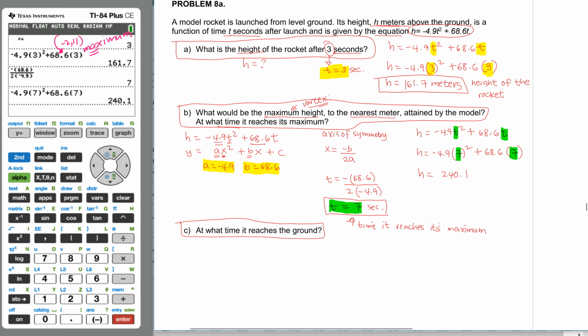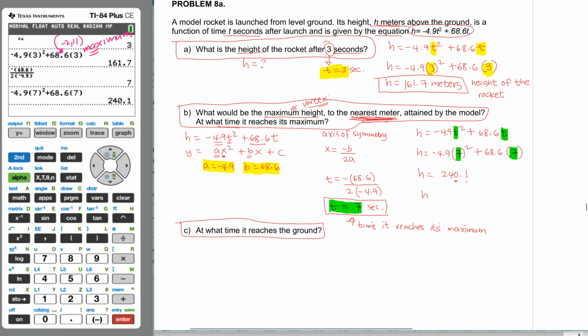Now the problem is asking for the nearest meter, which means a whole number. When you round this off, after the 0 is 1, and 1 is less than 5, so the 0 stays the same.